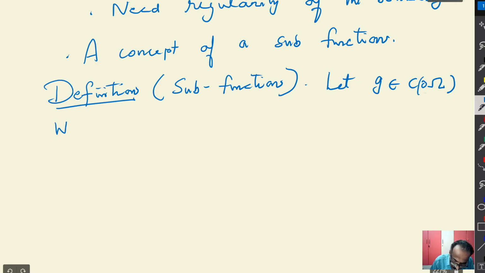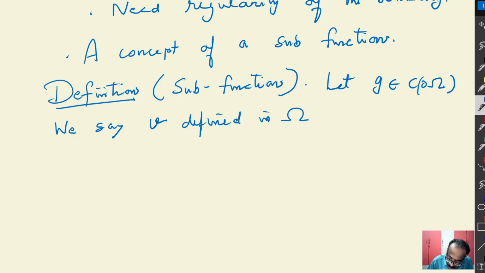We say a function V defined in omega is a subfunction if it satisfies the following properties.